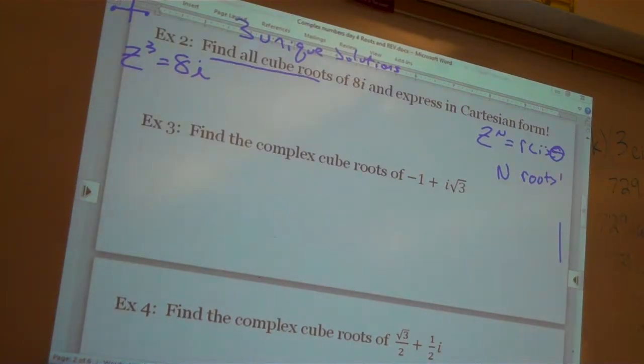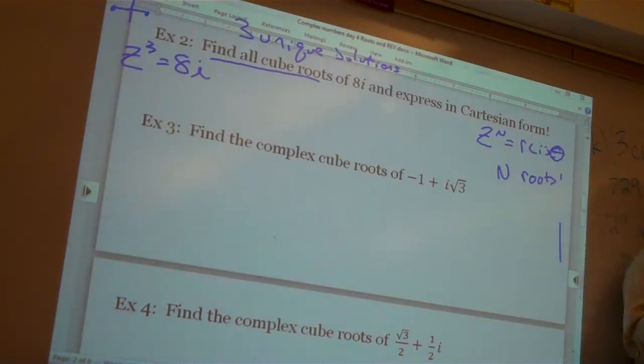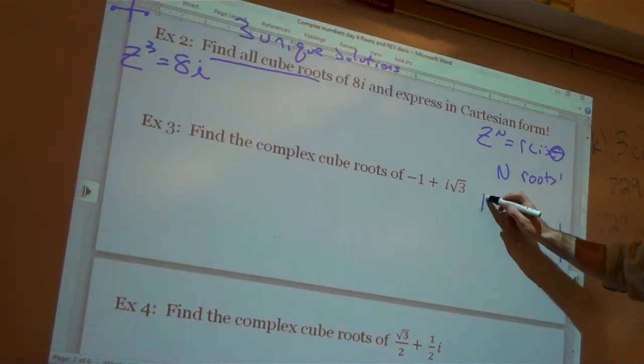So if they're going to be equally spaced apart, think about the cube roots. How far apart will my 3 solutions be in terms of angles? Think of the full circle: 120 degrees, right? It'll always be 120 degrees.